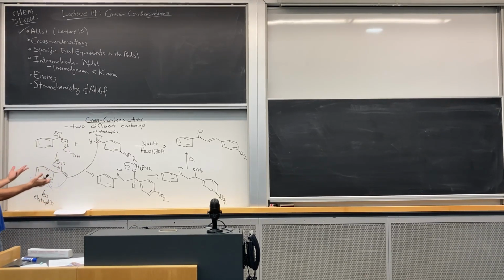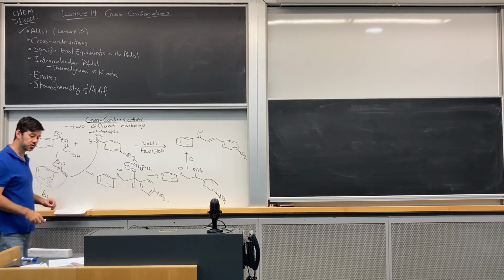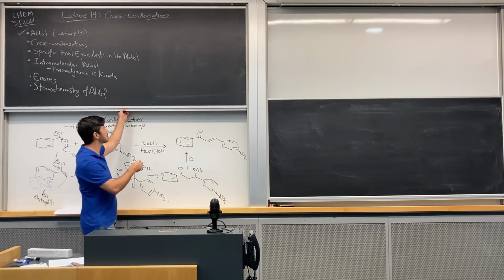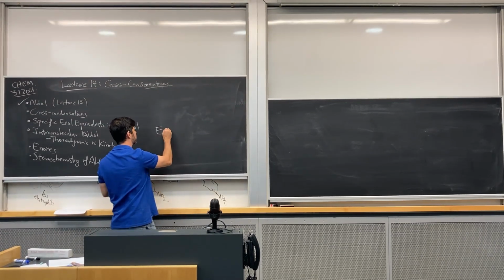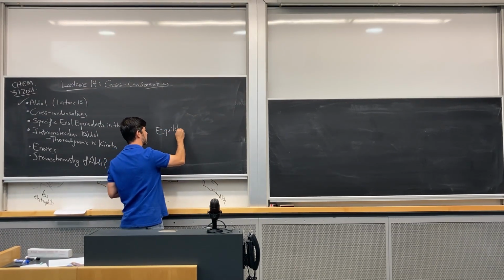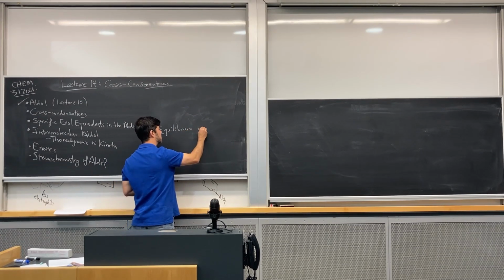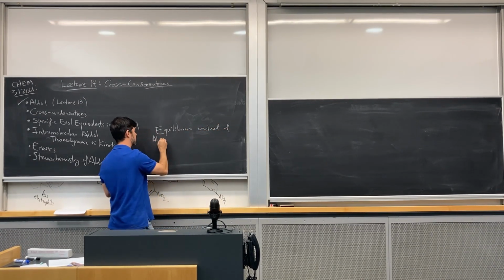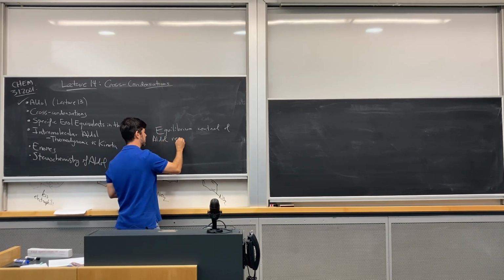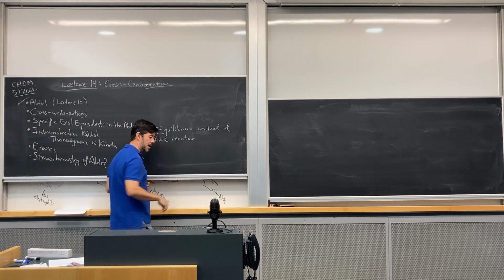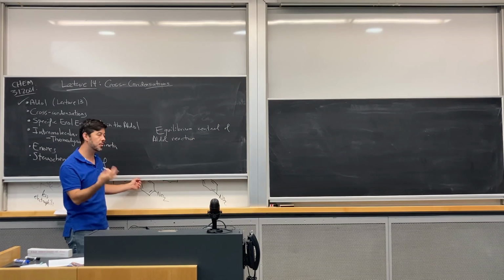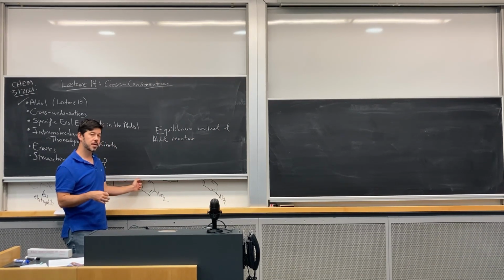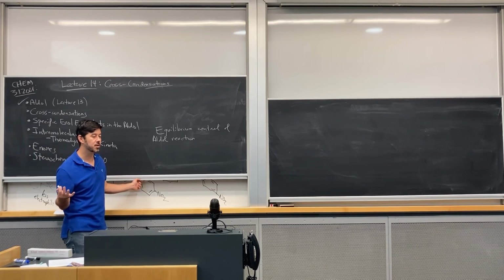We call this type of analysis, or this type of reaction, equilibrium control of the Aldol reaction. Really what this means is that you add the two components together in one pot at the same time, and you let equilibrium and thermodynamics dictate what will be the major product.